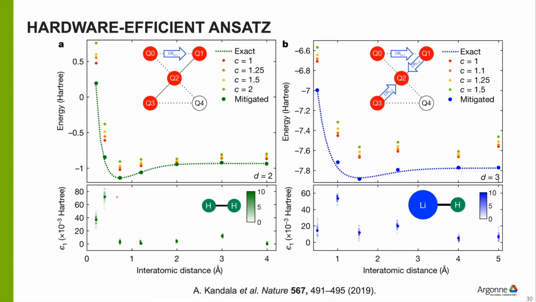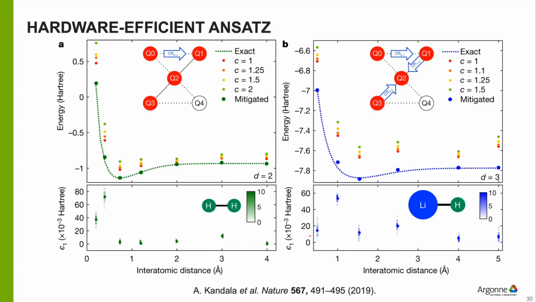And if you remember, when I talked about chemical accuracy, the goal is to be within 1 kilocalorie per mole, or 1.6 millihartree per mole. So this is 1 millihartree here, and essentially for some distances they are very, very far off. And this is the hydrogen molecule, the smallest molecule you can come up with.